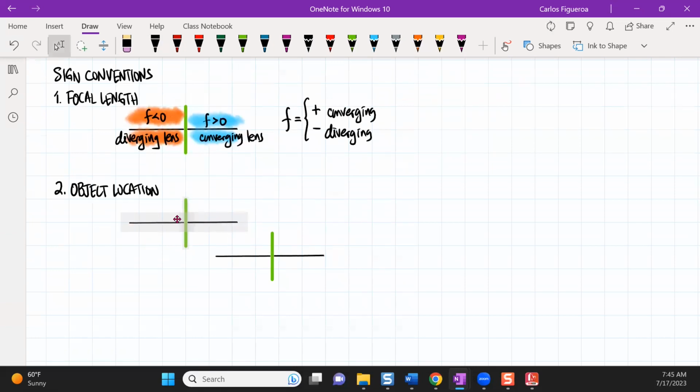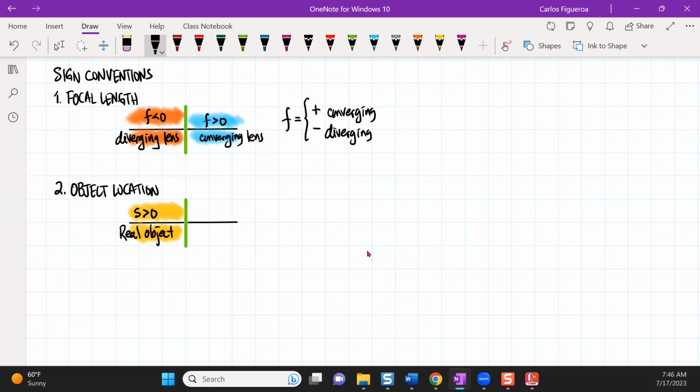If I'm on this side right here, we expect light to go through the lens because it's coming from the left towards the right. So in this case, the object is a positive value, and this is a real object. That means the object is on the left side of the lens.